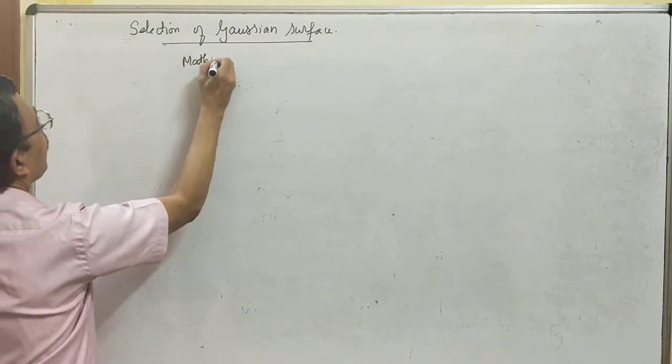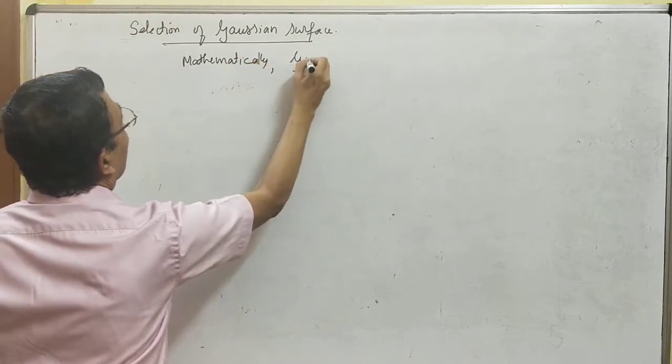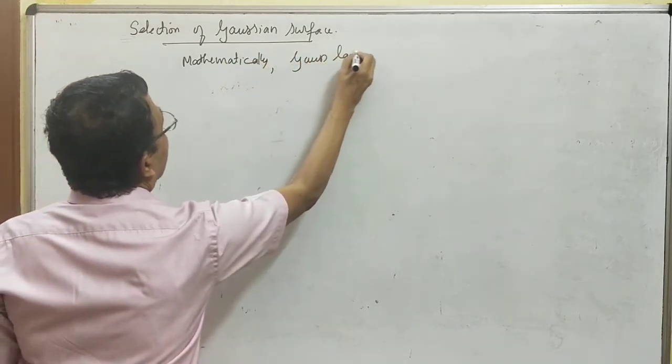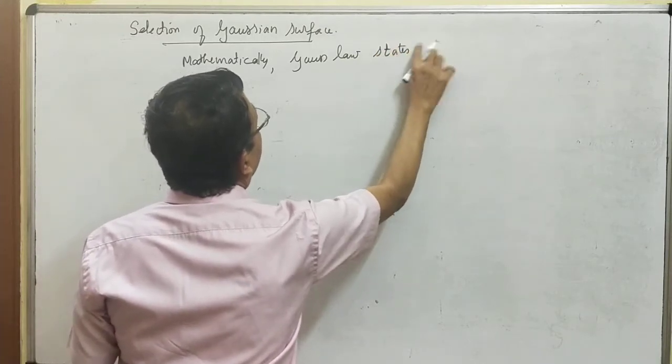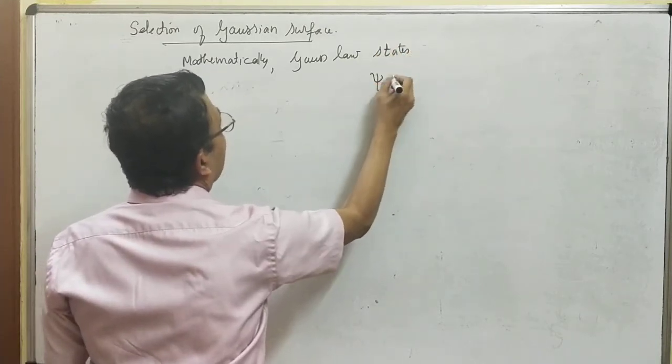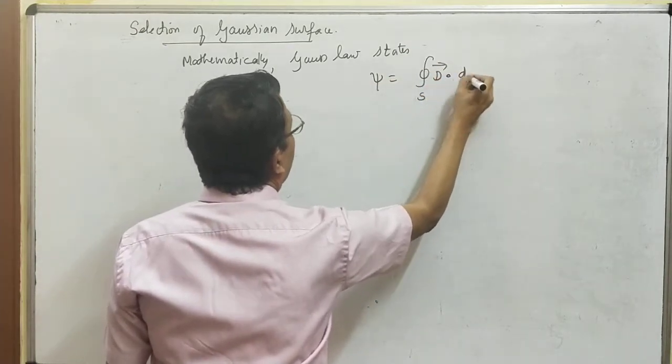Mathematically, Gauss law states, psi is equal to closed surface integral vector D dot dS.